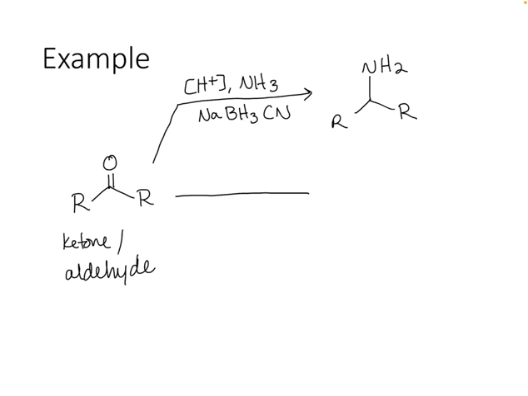But earlier I also mentioned that we could create a secondary or tertiary amine as well. We just have to change that nitrogen molecule that we're using in our reagents.